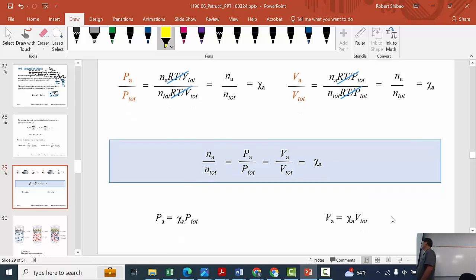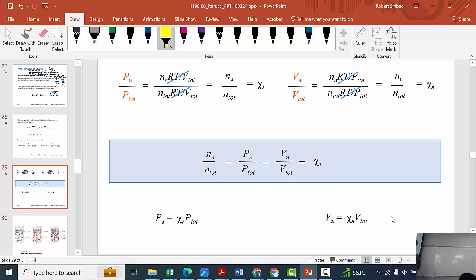The same thing with the volume fraction. If I want the volume of A, then I'll just take the mole fraction. Let's say half the gas is A, then half the total volume is A. However, these two cannot be true simultaneously. It's one or the other.